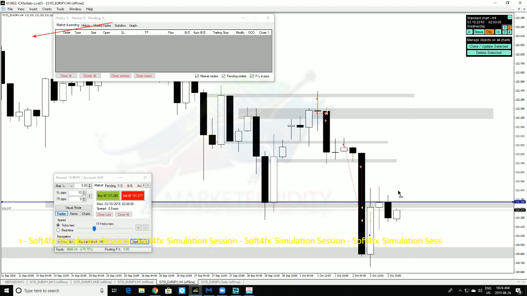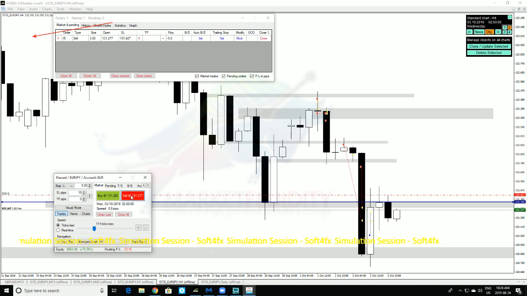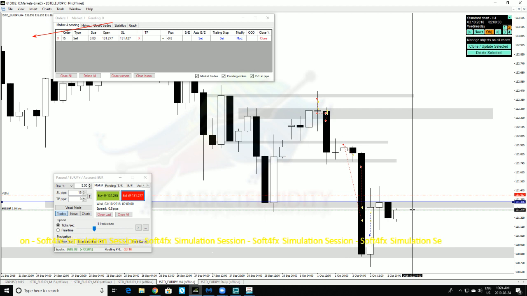Let's do it. 15 pips. And maybe TP should be, let's go 1 to 1, 15 pips.